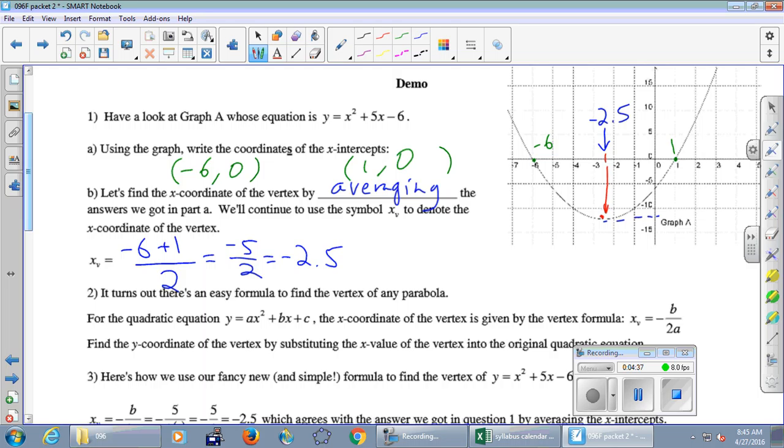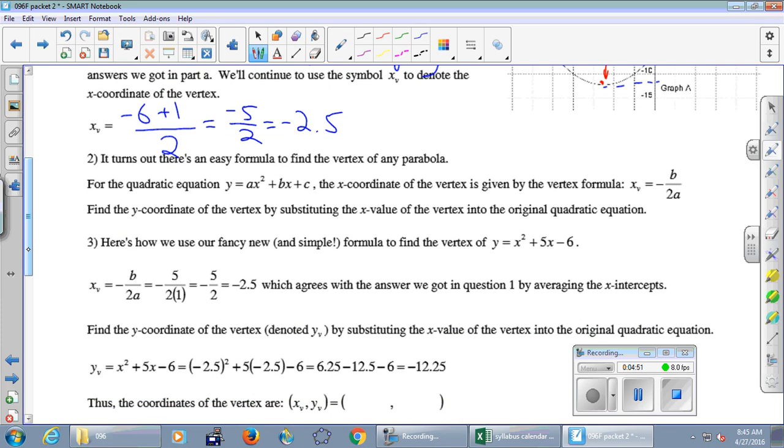Number 2 says, it turns out there's an easy formula to find the vertex of any parabola. That -2.5, we're going to come up with that number in a much easier way, and it's not going to have anything to do with the x-intercepts. Here's our fancy new formula for today. It says that the x-coordinate of the vertex, that's our x sub v, is given by this tiny little formula, -b over 2a, where A and B are the same A and B we were using in the quadratic formula, right?